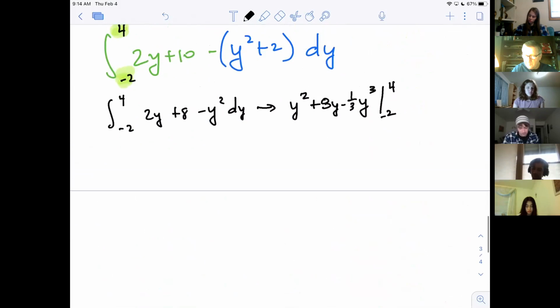The way I just did this is much easier. So I'm just going to go type all the numbers. I don't trust myself. 4 squared plus 8 times 4 minus 4 to the third divided by 3. When I do that, I get 26 and 2/3.